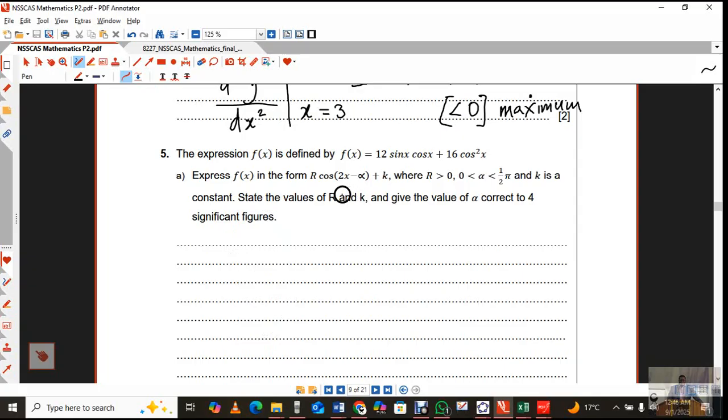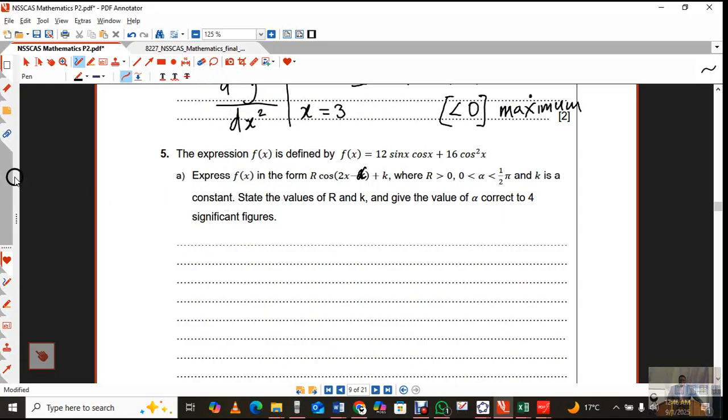They want it in the form of r times the cosine of 2x minus alpha, plus k, where r is greater than 0 and alpha is an angle between 0 and a half pi radians, and k is a constant. State the values of r and k and give the value of alpha correct to 3 significant figures. Now, for AS level, this question is not really acceptable.